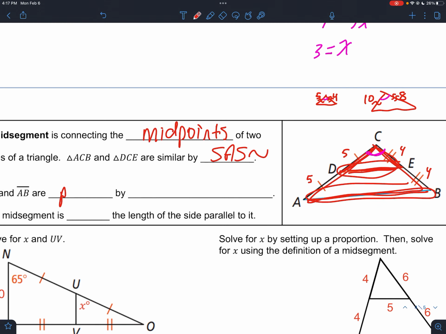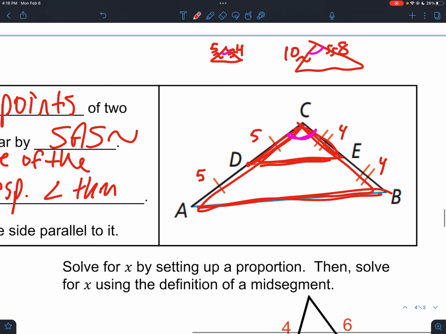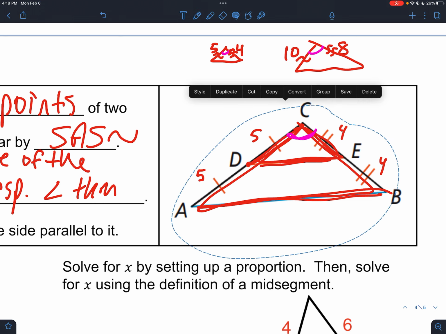Some cool things, though, about the midsegment is that those two connectors between the two midpoints here and here, the horizontal ones, are parallel. It's actually by the converse of the corresponding angle theorem.